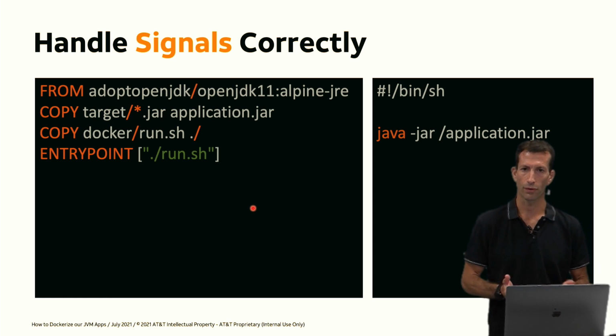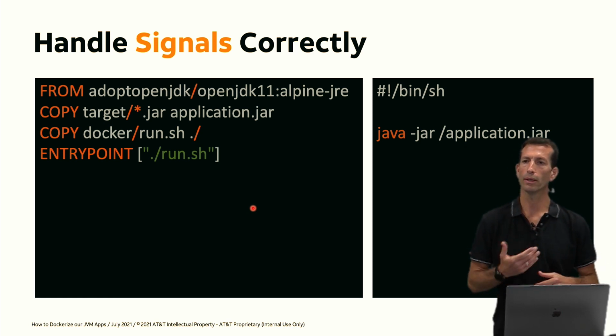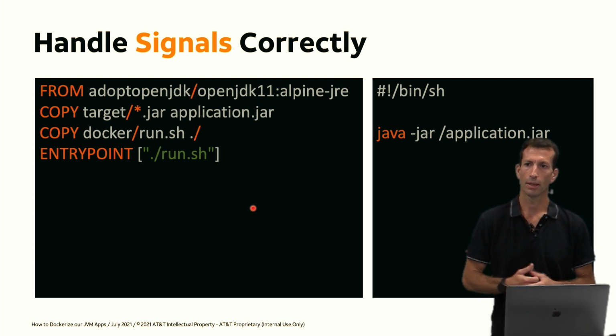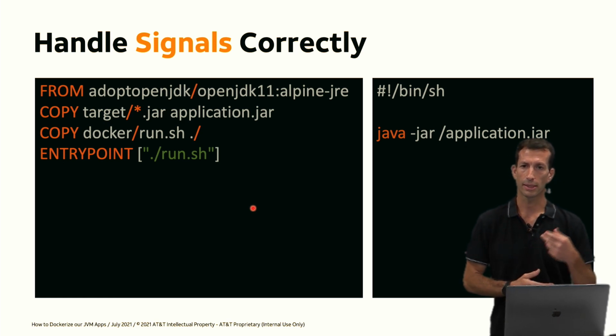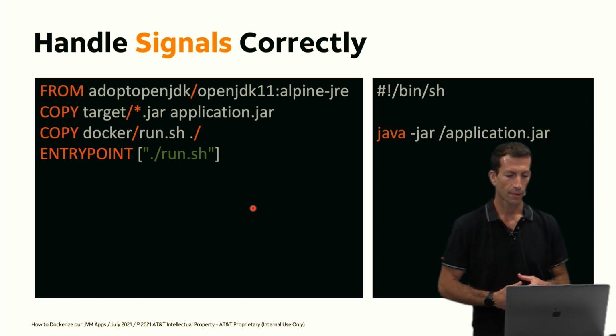The same goes for a process inside Docker. So when we run Docker stop, or if we're on Kubernetes, when it kills or deletes that pod, it sends it a signal, which is usually a SIGTERM, so it's a kill -15.